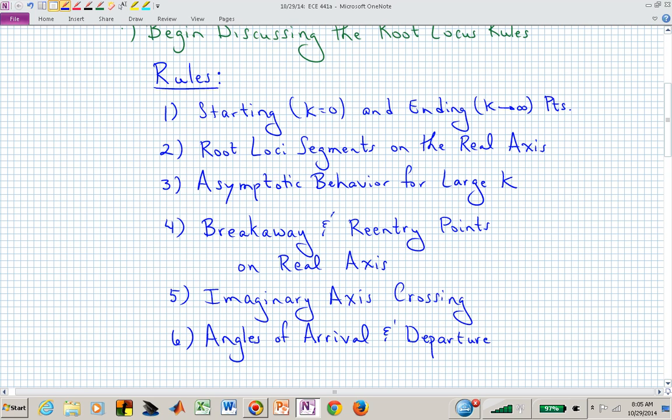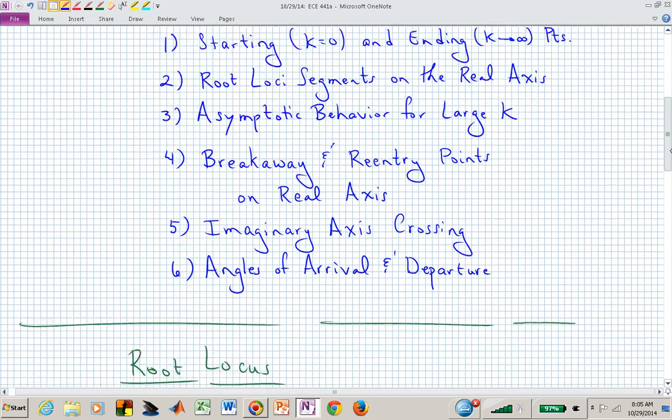How do we arrive or depart from complex poles or complex zeros? If we have complex pole pairs, how does the root locus leave those? And in particular, at what angle do we depart those poles? If we have complex zeros, at what angle do we come in, or approach, those complex zeros?